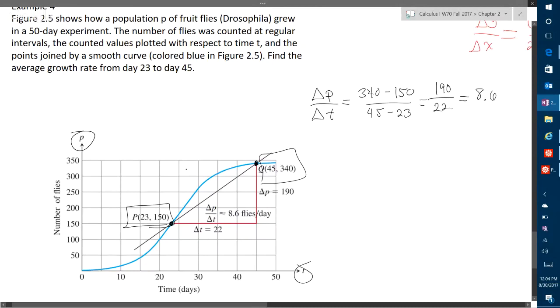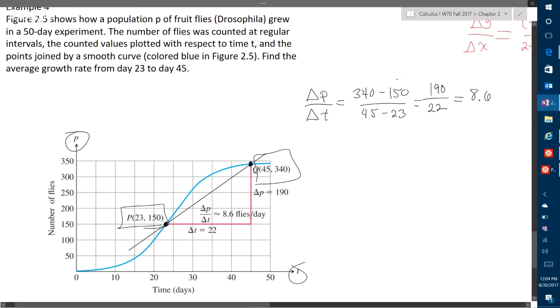The answer was right down there. 8.6, and this is flies per day. That is the growth rate.